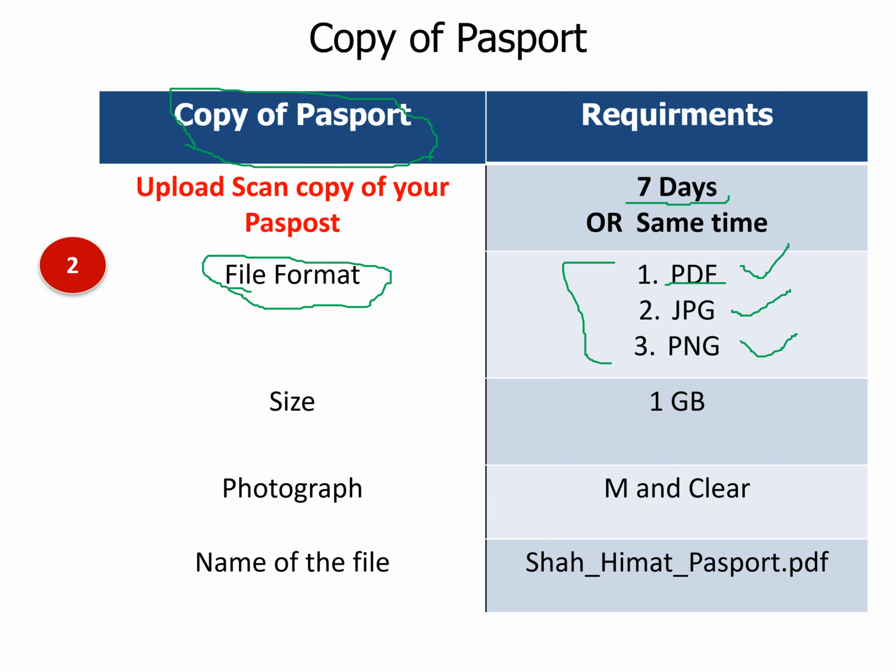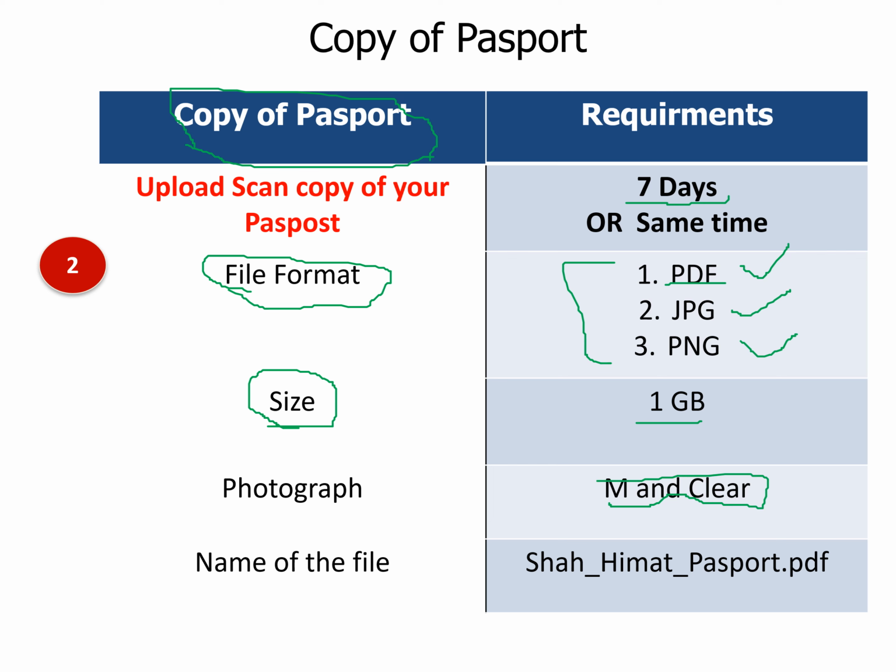And the size of the file should be less than 1 GB, so quite a big file size. Not a big problem with the size of the file. The passport that you scan must be very clear, the quality should be high, and your photograph should be visible. That is mandatory and clear.